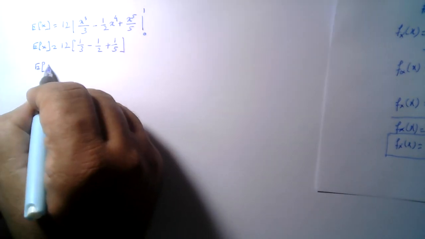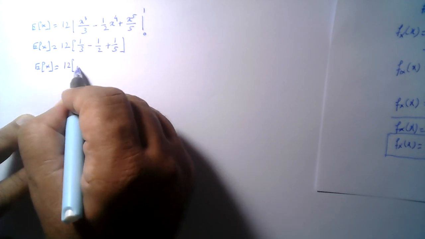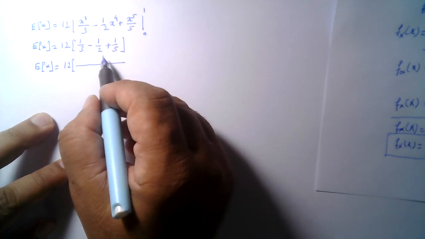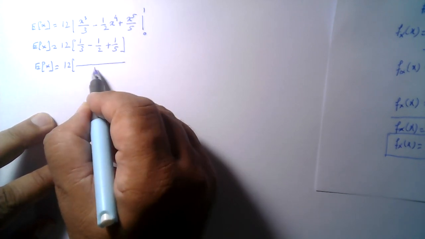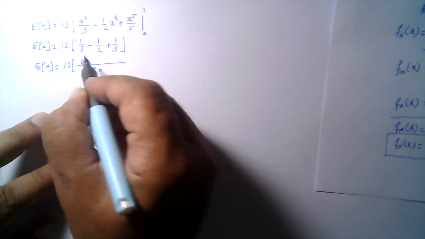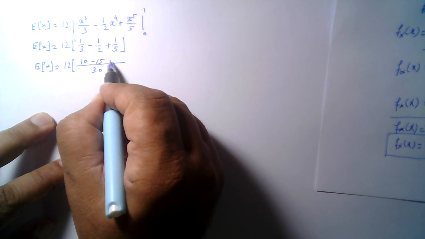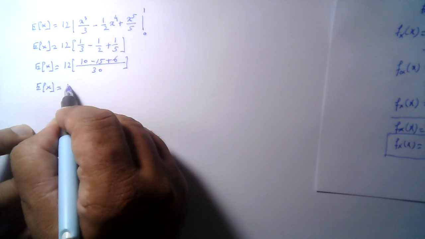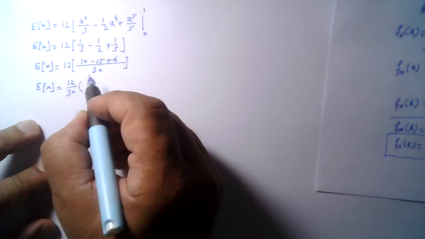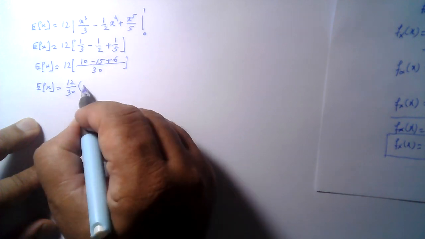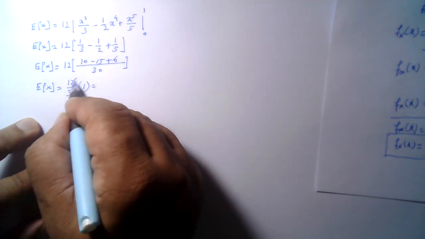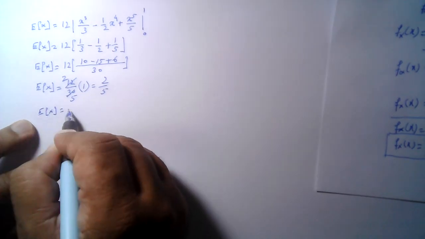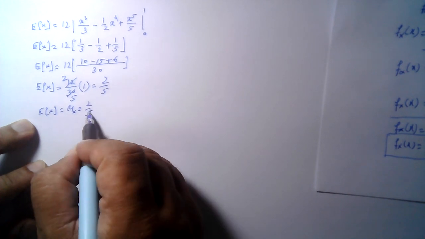So expected value of x is 12, and what will be the LCM? The LCM will be 5 into 6, 30, right? So this is 3 into 10, 10 minus 15 plus 6. So expected value of x is given by 12 over 30 into 10 plus 6, 16 minus 15, 1. So this is 6 into 12, 6 into 5, 2 over 5. So expected value of x, or mu x, is 2 over 5, right?